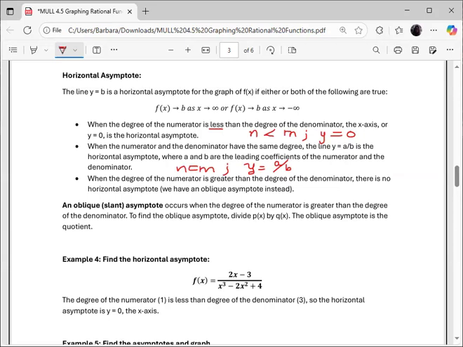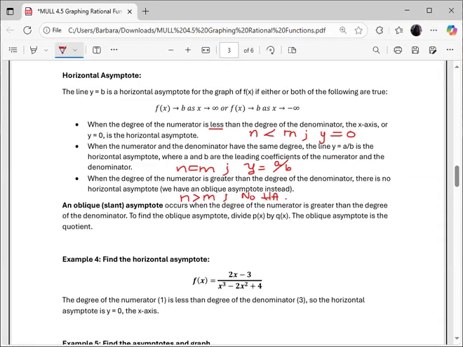Then when the degree of the numerator is greater than the degree of the denominator, we do not have a horizontal asymptote. We will actually get an oblique asymptote instead, which is a slant asymptote.